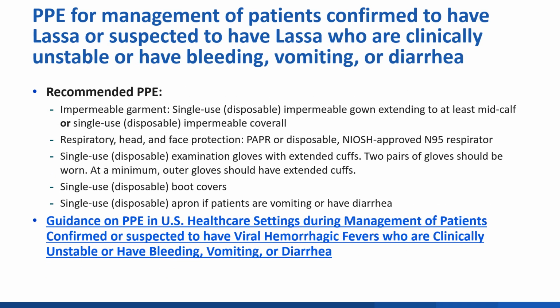For patients who are confirmed to have Lassa fever or who are suspected and are clinically unstable or have bleeding, vomiting, or diarrhea, recommended PPE includes an impermeable garment, a single-use or disposable impermeable gown extending to at least mid-calf or a single-use or disposable impermeable coverall, respiratory, head, and face protection, a PAPR or disposable NIOSH-approved N95 respirator, and single-use or disposable examination gloves with extended cuffs. 2 pairs of gloves should be worn.